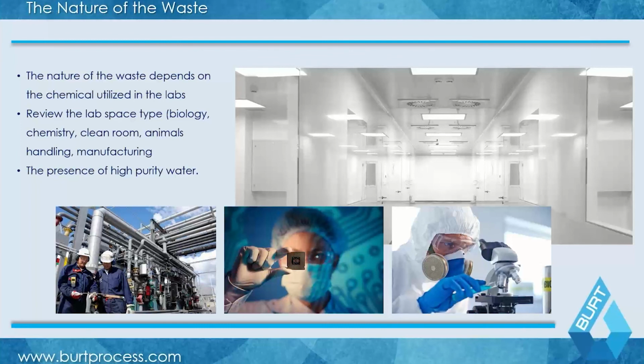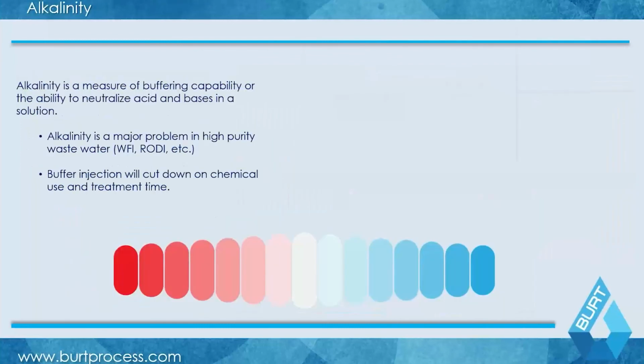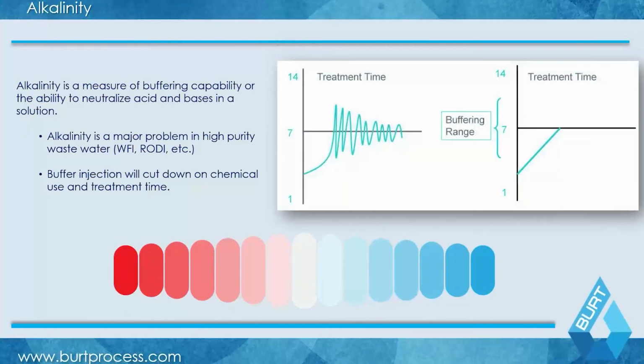The other big one to talk about, obviously, is the presence of high purity water. I specifically mention high purity water because it can become a fairly big influence in the pH neutralization system. A lot of different facilities will use some form of treated water, whether that's ultra high purity water, USP water, WFI water, water for injection.